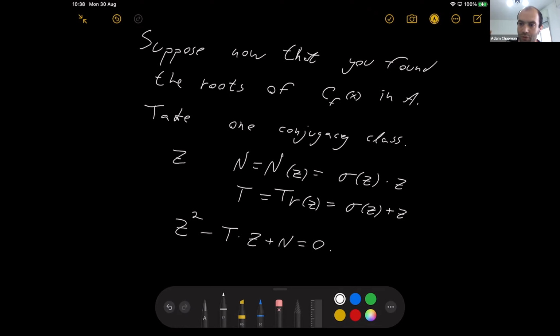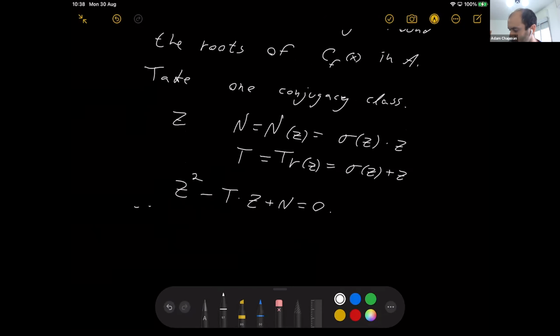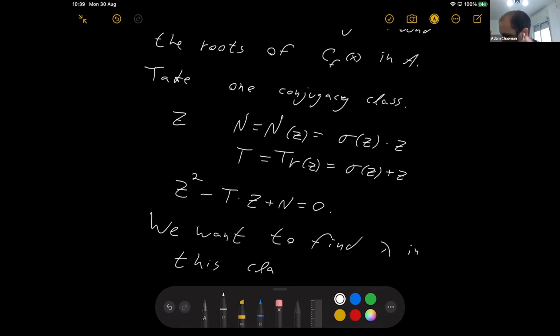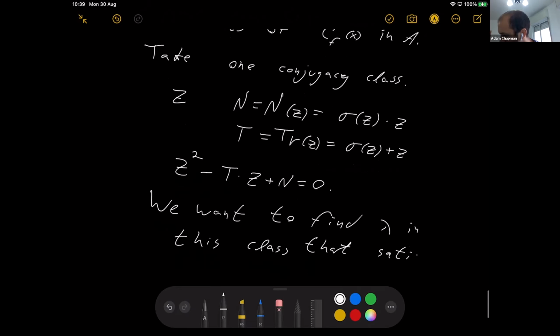So now you want to take this conjugacy class of roots of cfx and reconstruct the root of fx from that conjugacy class. How do you do it? We want to find the lambda in this class that satisfies f lambda equals 0.